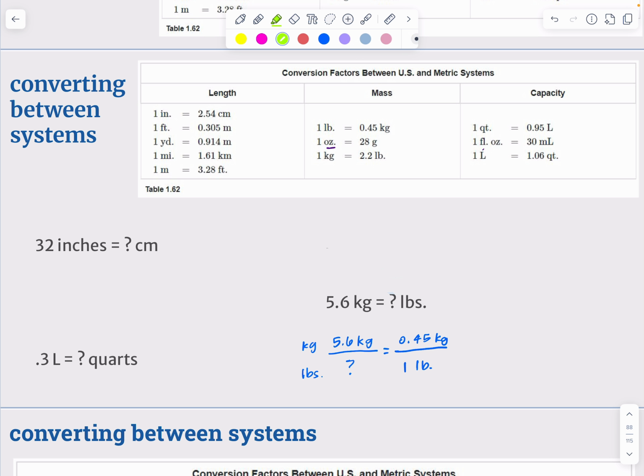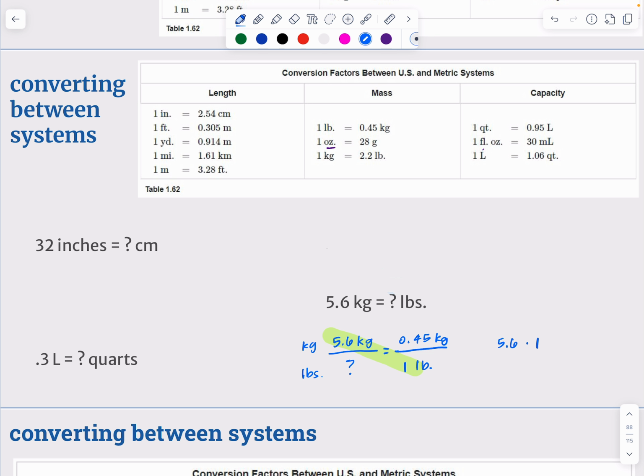Okay, so now I have to solve for the missing piece. The way I'm going to do that is I'm going to cross multiply, just like we've looked at for other proportion examples. The two numbers that are diagonal from each other are 5.6 and 1, so that's what I'm multiplying. It's pretty easy to do because 5.6 times 1 is just 5.6.